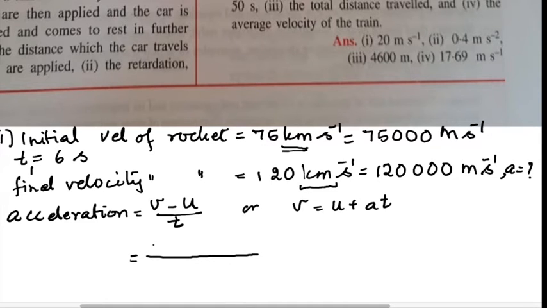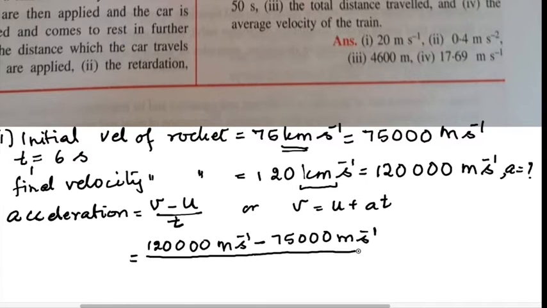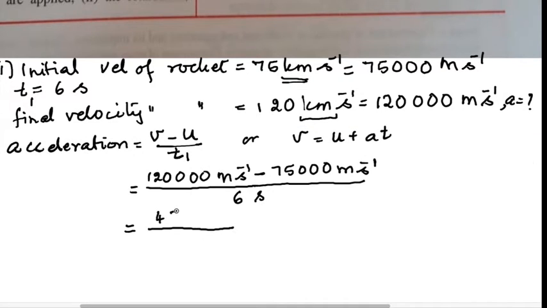Our final velocity is 120,000 meter per second minus initial velocity is 75,000 meter per second, and that upon time I'm going to write here t1, which is going to be 6 seconds, and so we will have 45,000 meter per second upon 6 seconds. 6 sevens are 42, remain 3, so 6 fives are 30, and 2 more zeros.